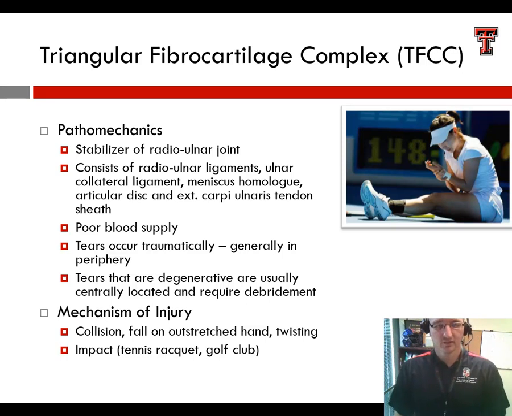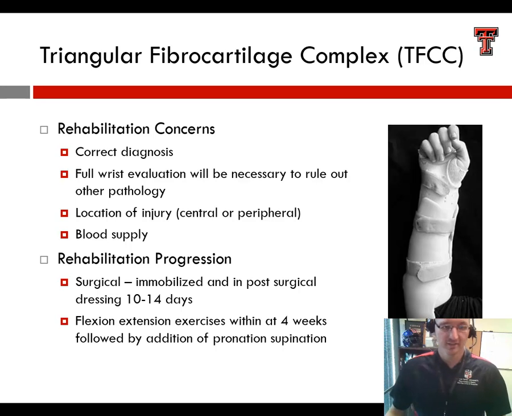Usually this is going to occur as a result of an acute injury, okay, and oftentimes these injuries are going to be degenerative in nature. They're not going to heal on their own, okay. So with these, I want to be cautious to get that proper diagnosis. We're going to need a full eval to make sure there isn't anything else going on, and due to the relatively poor blood supply to the TFCC, this is almost always going to be a surgical case.